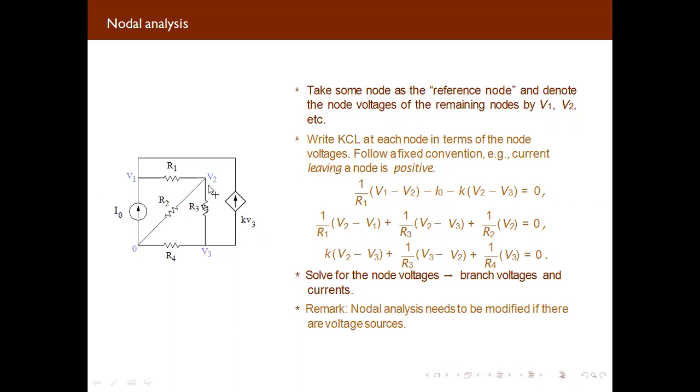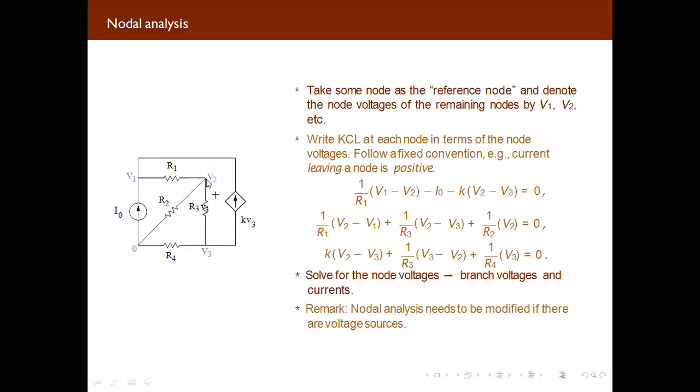Now we are calculating for V2. How can we calculate? From V2 we take V2 as positive and V3 as negative, V2 positive and 0 negative, V2 positive and V1 negative. Like this, for the node for which we are applying KCL, we start from that node and end with the remaining nodes connected to V2.